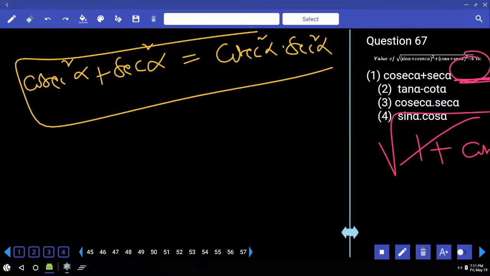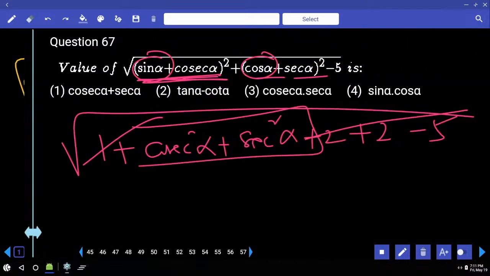It is a very important formula. Both are equal, because if you write it as 1 by sin square plus 1 by cos square, you will get sin square plus cos square by sin square into cos square, which is 1 by sin square into cos square, which is cosecant square into secant square. So if we write that in place of this, the answer will be cosecant alpha into secant alpha.